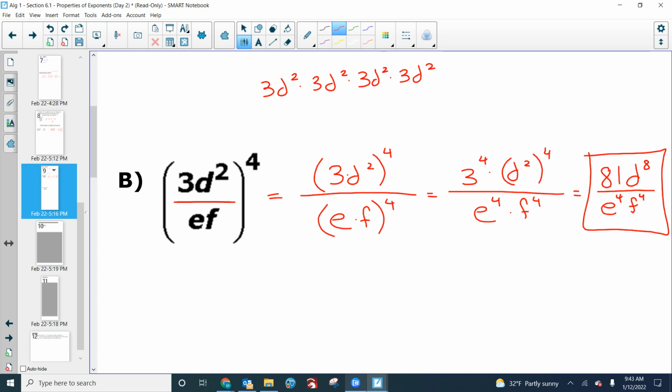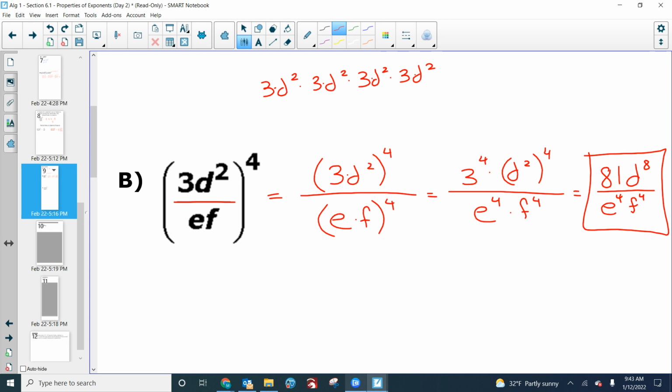Isn't 3d squared raised to the fourth power 4 factors of 3d squared? Wait, say it again. If you raise that to the fourth power, that 4 tells me to multiply 3 times d squared 4 times. Okay. What's 3 times 3 times 3 times 3?